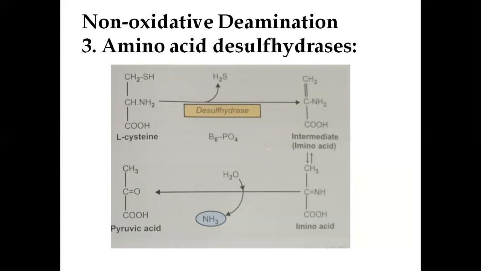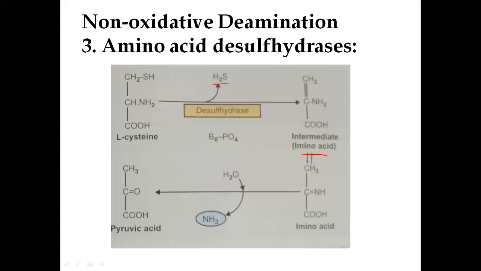Later it will be hydrolyzed to remove the NH2 in the form of NH3. Here L-cysteine is taken, a sulfur containing amino acid. First they remove H2S in the presence of desulfhydrase enzyme, and later it will form the intermediate amino acid.